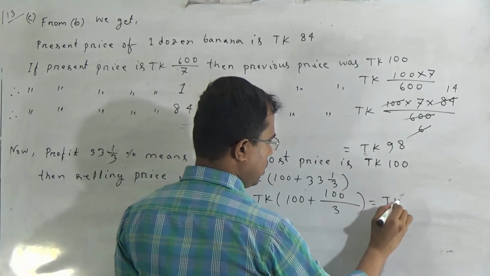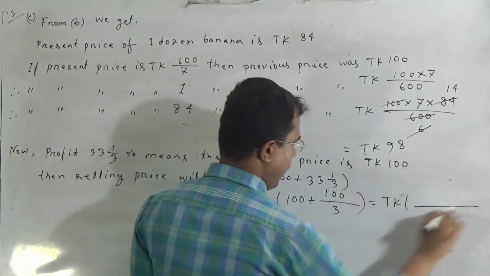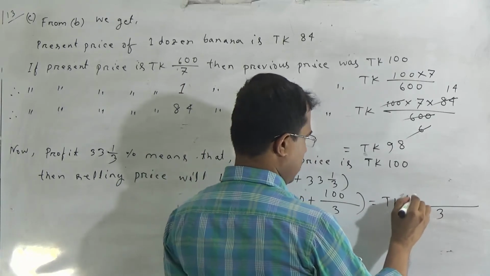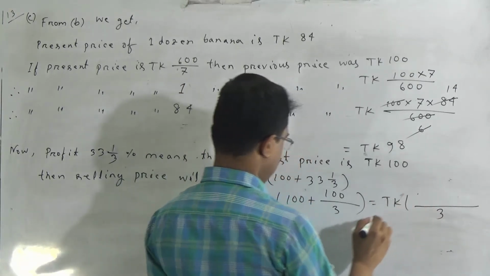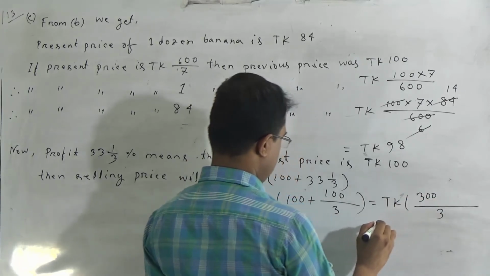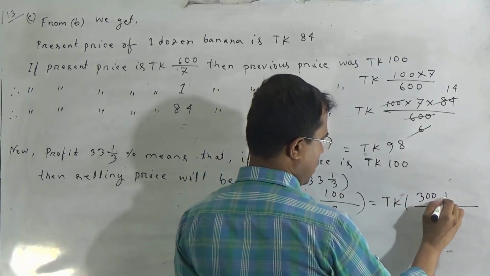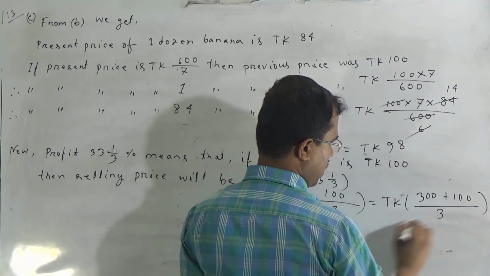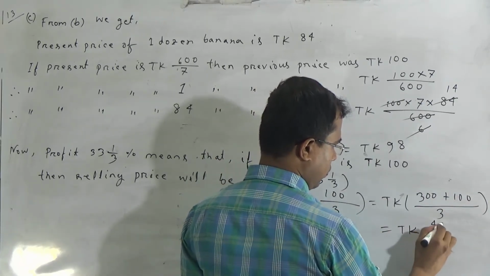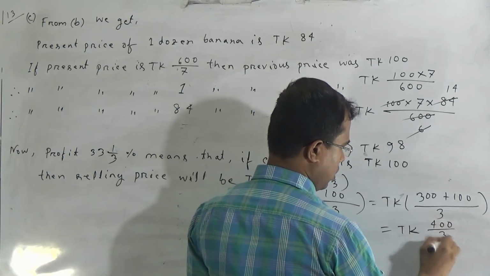This is equal to TK, here LCM is 3, then 300 plus 100, and this is equal to TK 400 by 3.